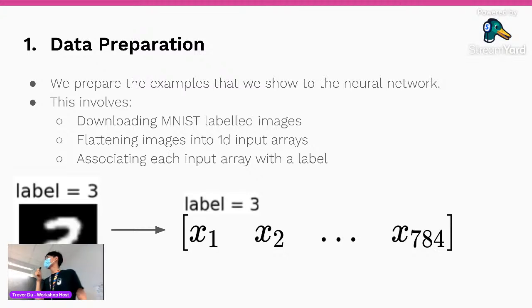So something like this: we have the image of the number 3, and it's labeled as 3. And then we simply flatten that into a 784 length array, and we keep the label that says that that is 3. We do this for every single example. Usually datasets are pretty big, so they might contain millions or hundreds of millions of examples.